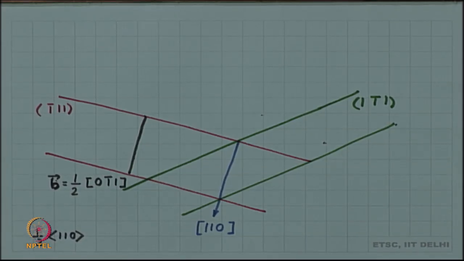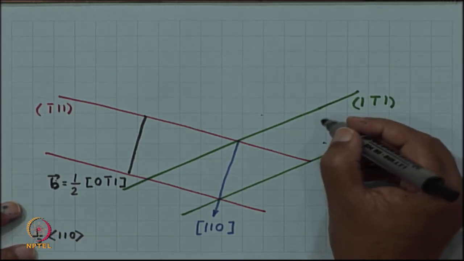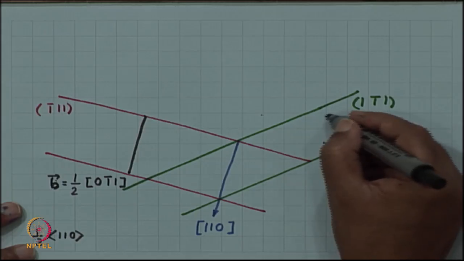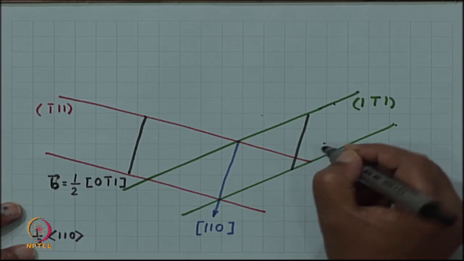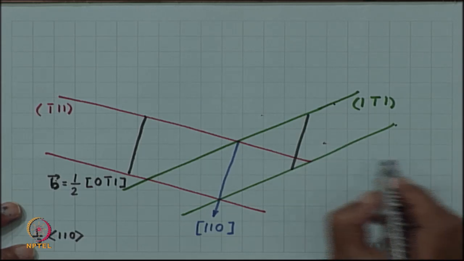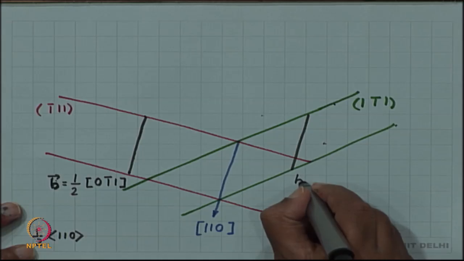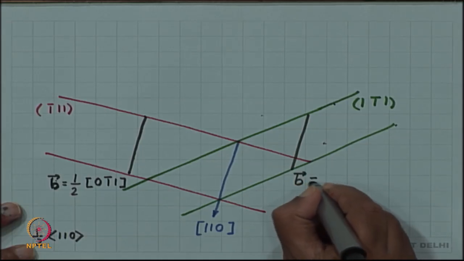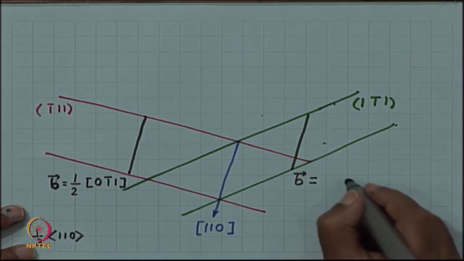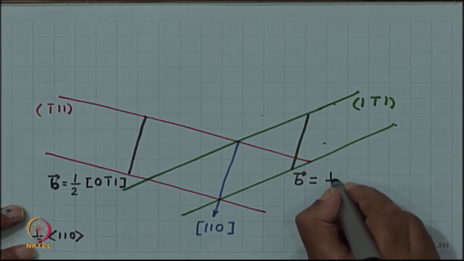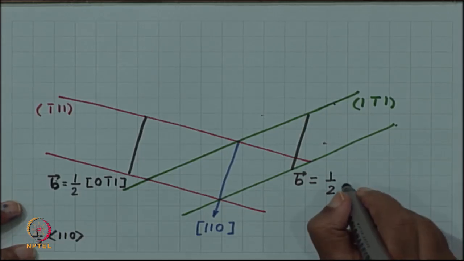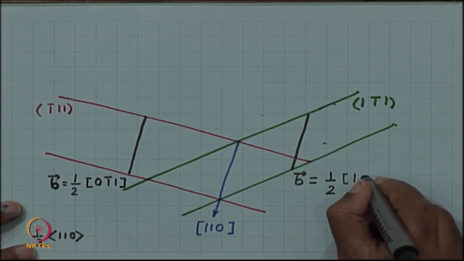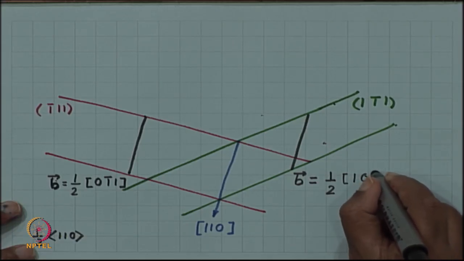Now, let me create another dislocation line on the green plane, again parallel to the line of intersection, and let me give this also a Burgers vector, half 1 0 bar 1.